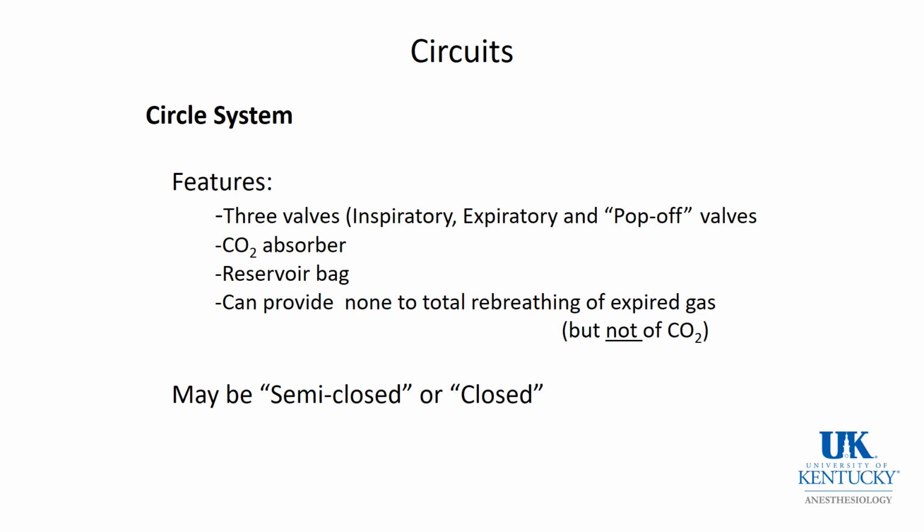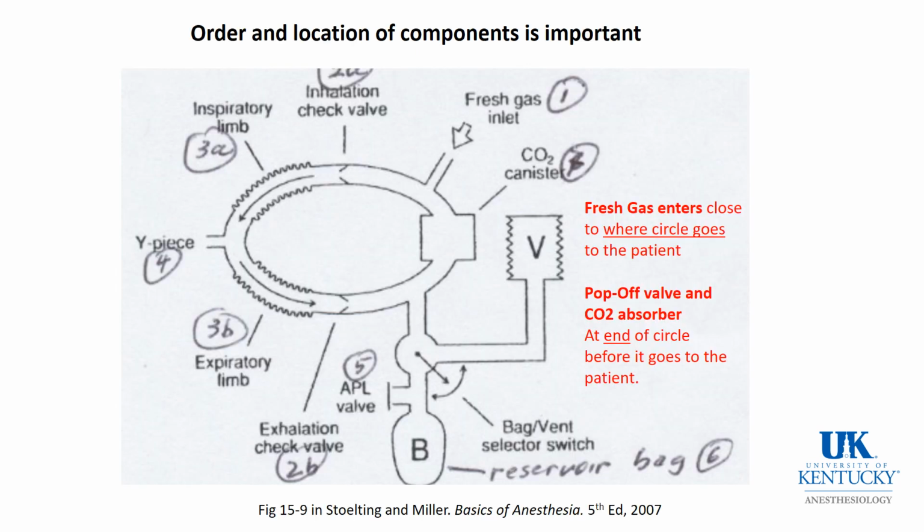There's a CO2 absorber, and there's a reservoir bag. And it can provide total rebreathing of expired gases, but not of CO2. And it can be operated as a fully open system, a semi-closed system, or a closed system. So it's very ubiquitous. This is a diagram of it.